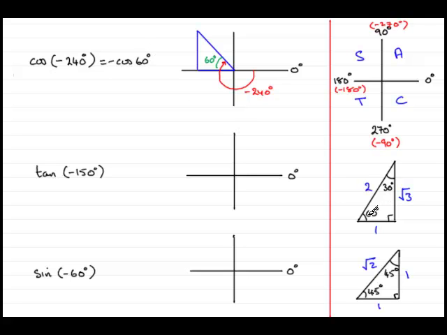In this triangle, cosine is adjacent over hypotenuse, so it's adjacent 1 over hypotenuse 2, so a half. But because of the sign, it's minus a half. Alright, there's that one. You might like to pause the video and have a go at the next one now, and check your answer when you come back.